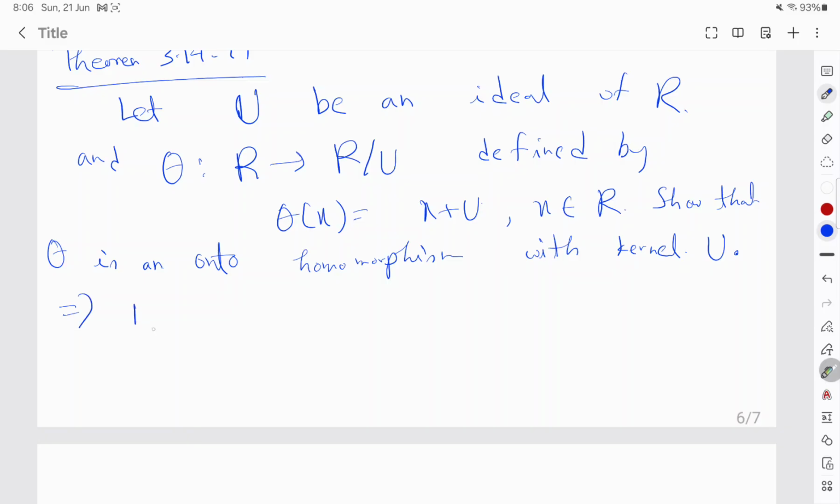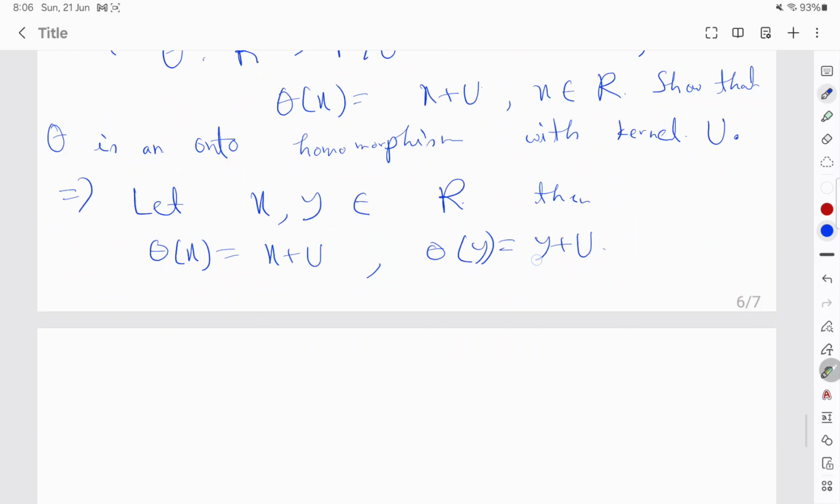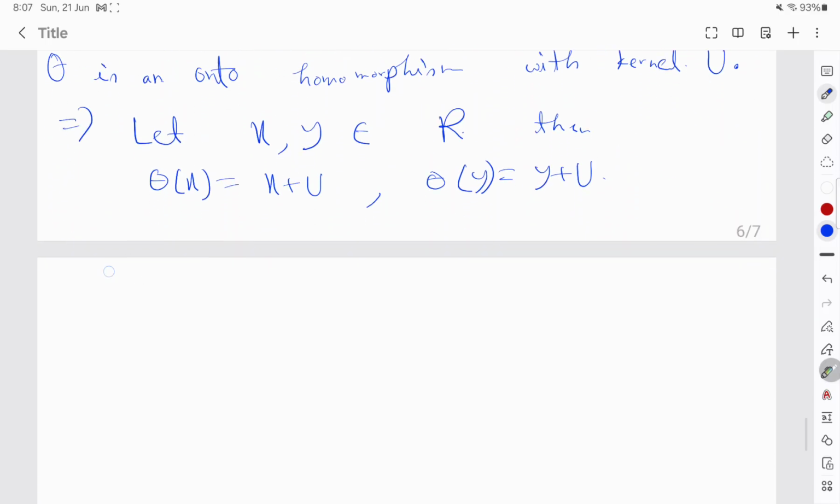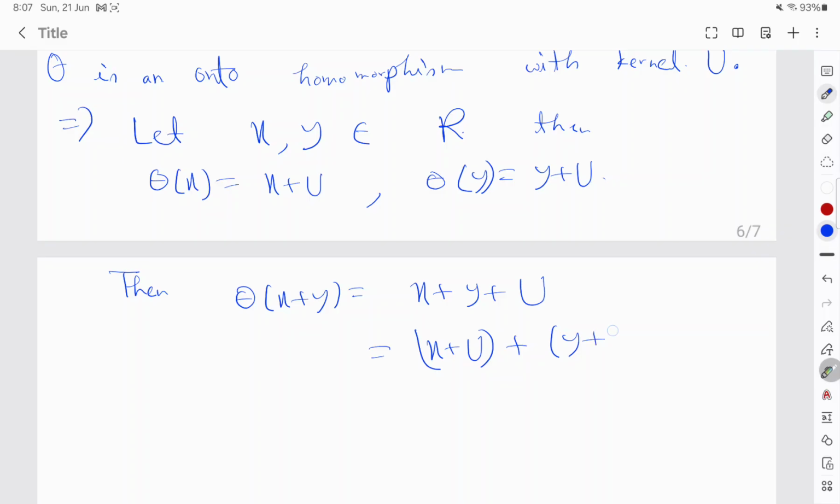So let x and y belong to R. Then obviously theta of x is x plus U, and theta of y will be y plus U. Then theta of x plus y will be x plus y plus U, and using the quotient ring property you are able to break this, so this is equal to theta x plus theta y.